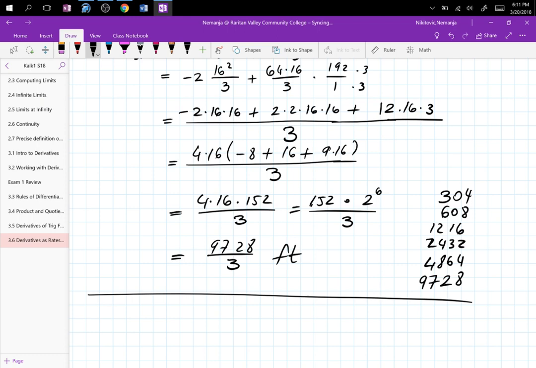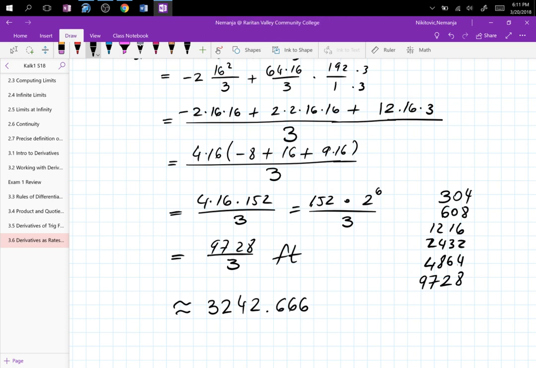We can actually approximate the height as 3242.666. There you go. That's good. Nice. Got it. So about 3,000 feet.